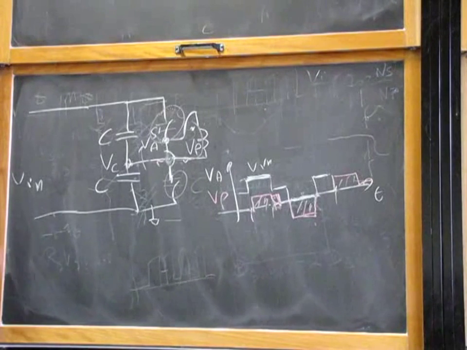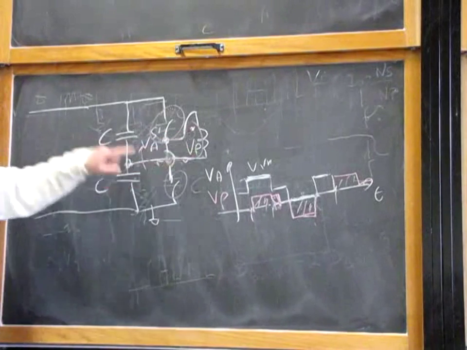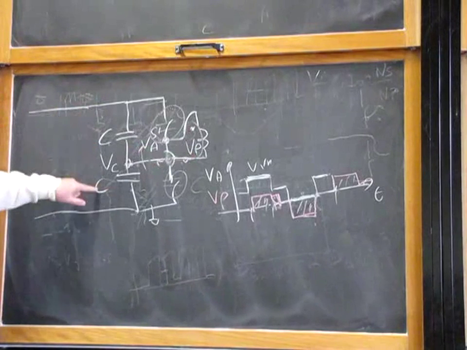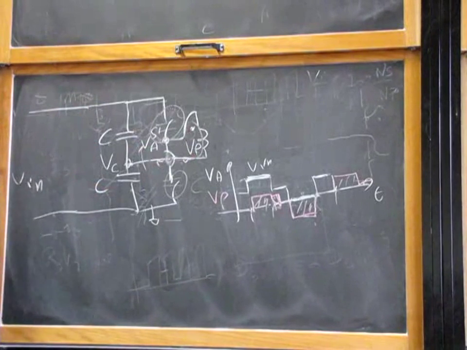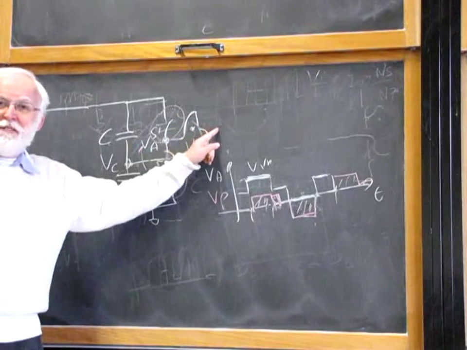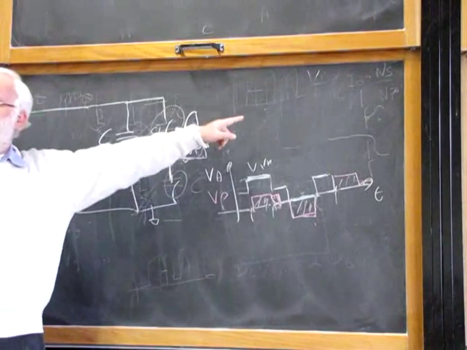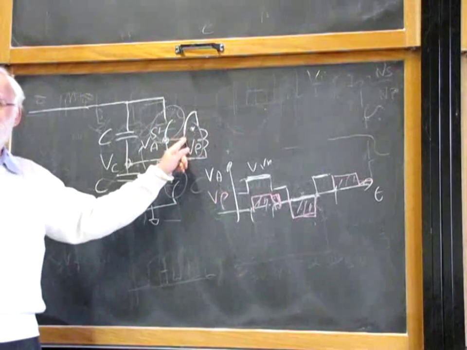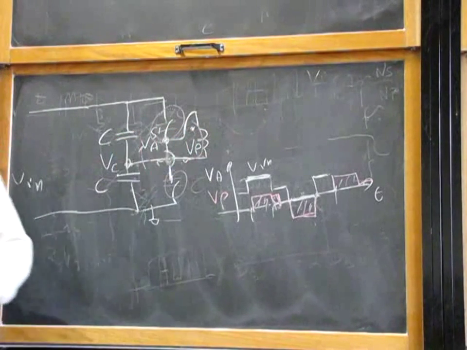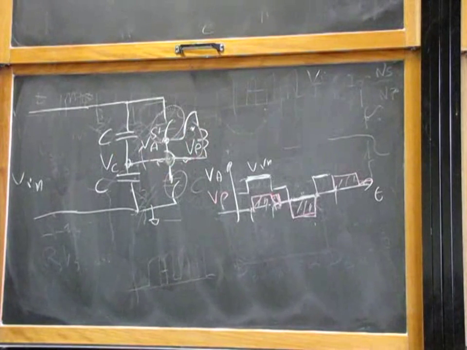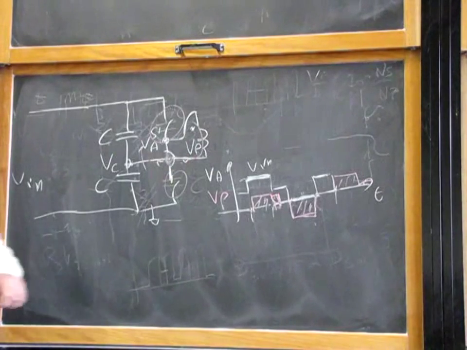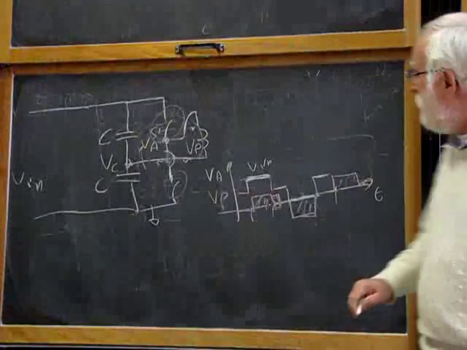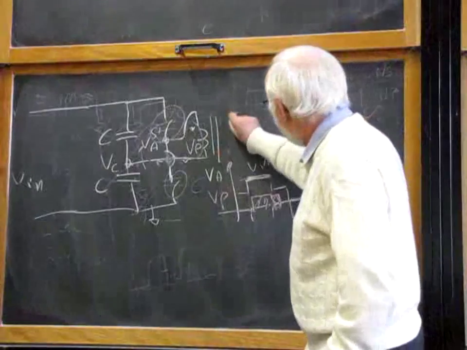And remember, the fact that having as a primary voltage only V in over 2 requires that you change the turn ratio. And if you change the turn ratio to get the same output voltage, you also change the current ratio. And we will see in a moment what happens. Okay? So far so good? Let's see what is the output voltage versus the input voltage in this circuit.